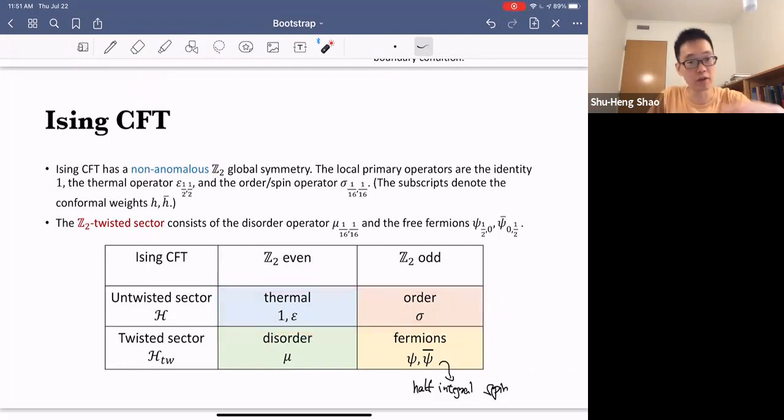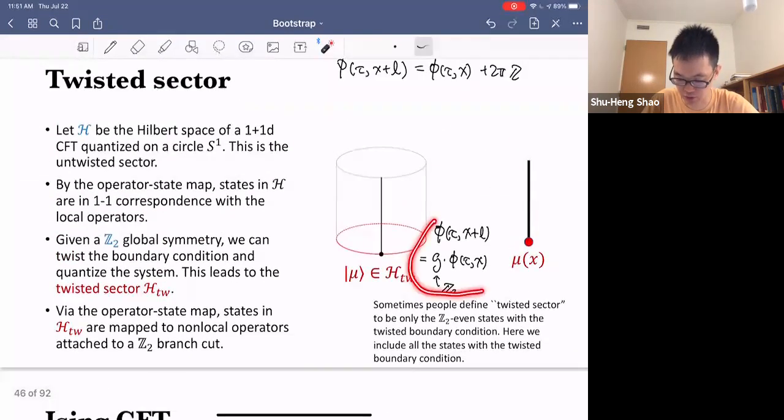If you give me enough information about the CFT, for example, if we are talking about a free boson CFT, then I know everything about it, and I can just go ahead and quantize the free theory on the circle with a symmetry twist, right? Just like what I'm trying to do here. And by doing that quantization, I can figure out what this twisted Hilbert space is. I don't have to guess, right? I have a Lagrangian. I know how symmetry acts on my fields. I just work it out. In fact, I will work it out in the later part of this lecture.